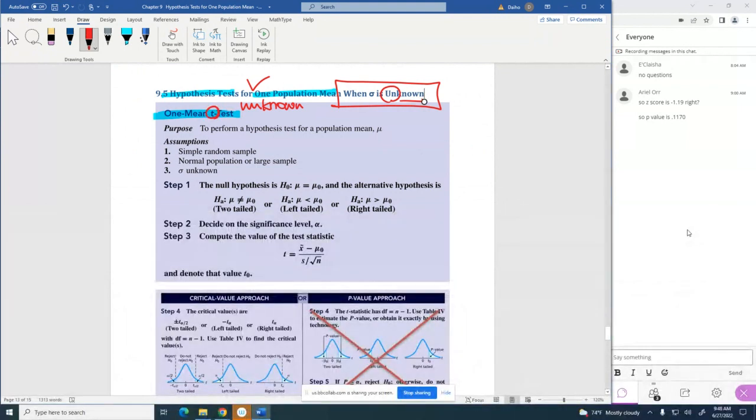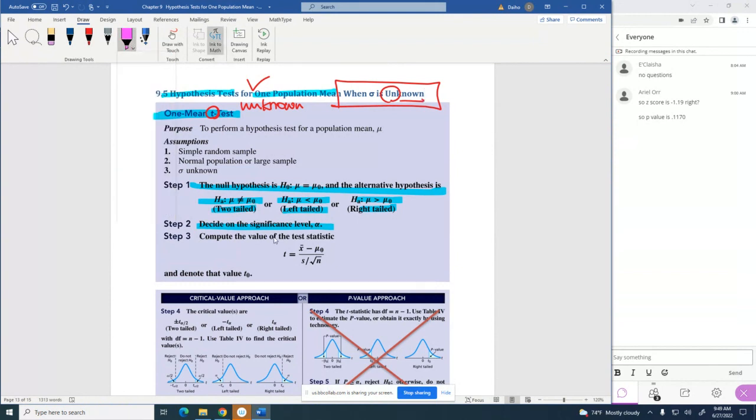Do you understand why it has the name t-test? Because we are going to use the t-score instead of the z-score for the test statistic in step 3. But please look at step number 1: exactly the same. Step number 2: same.